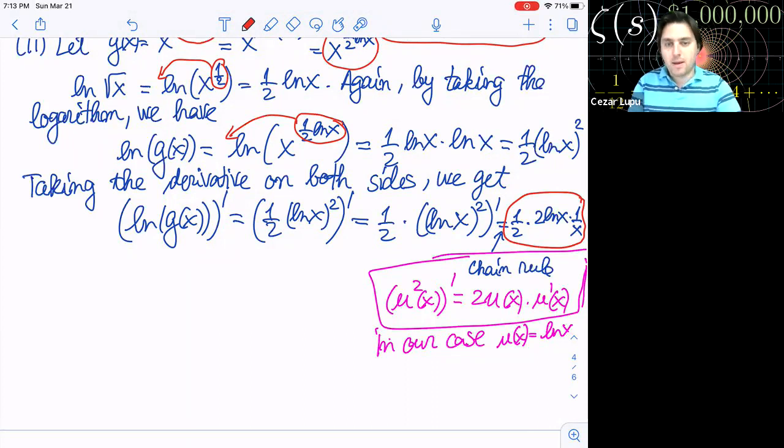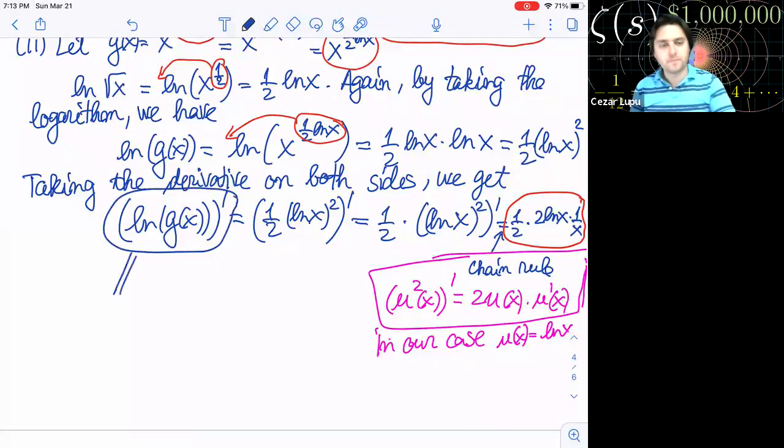Right? And now, on the right-hand side, we got that. Let's see, what do we get on the left-hand side? So this guy here will be equal to what? Can you tell me? Ln of g of x prime is what?